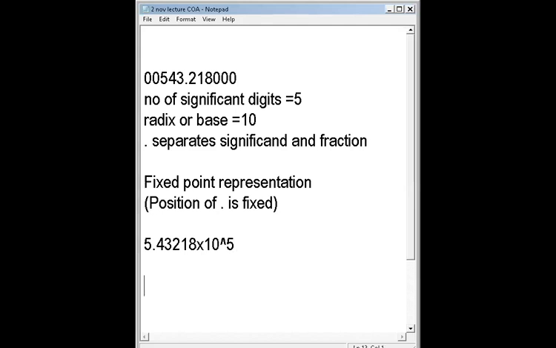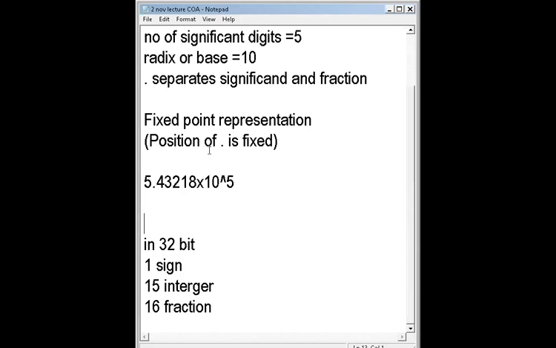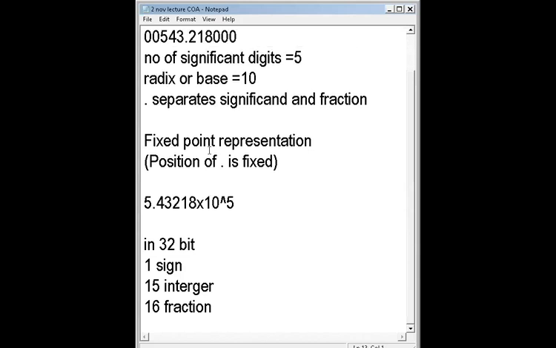Similarly, when a binary number is going to be represented with fixed point representation, we represent it in 32 bits, with one bit, that is the MSB, the leftmost bit, taken as the representation of sign.